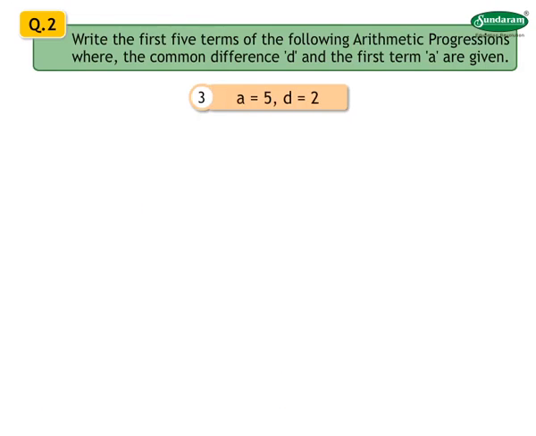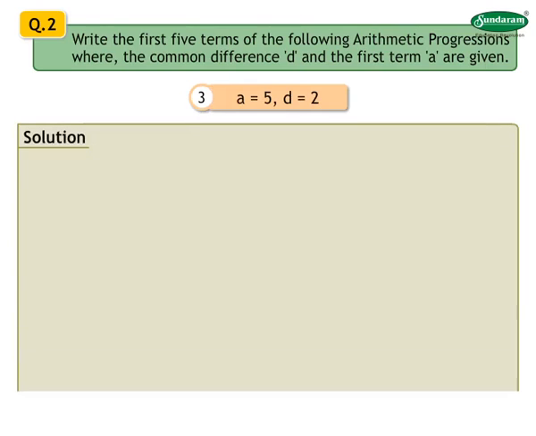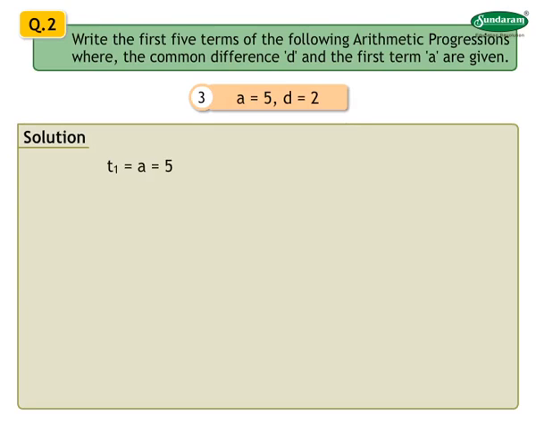Number 3. A is equal to 5, D is equal to 2. Solution. T1 is equal to A is equal to 5. T2 is equal to T1 plus D is equal to 5 plus 2 is equal to 7. T3 is equal to T2 plus D is equal to 7 plus 2 is equal to 9.